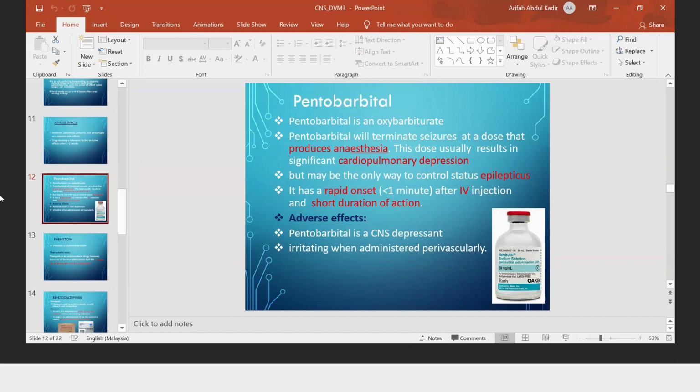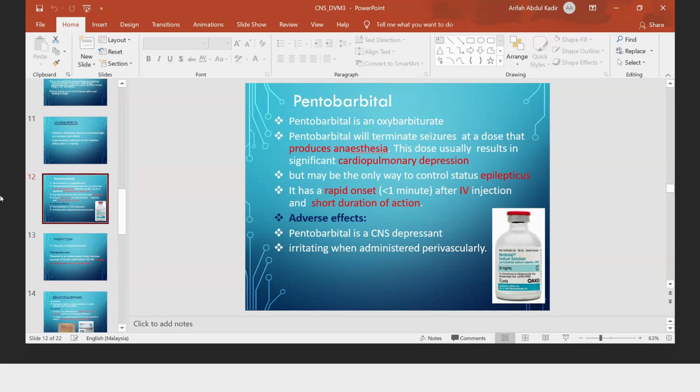If the animal requires 2 ml of Dolethal, which is 400 milligram, you have to achieve 400 milligram in order to kill the animal. It can kill, but you have to give an overdose of Nembutal.